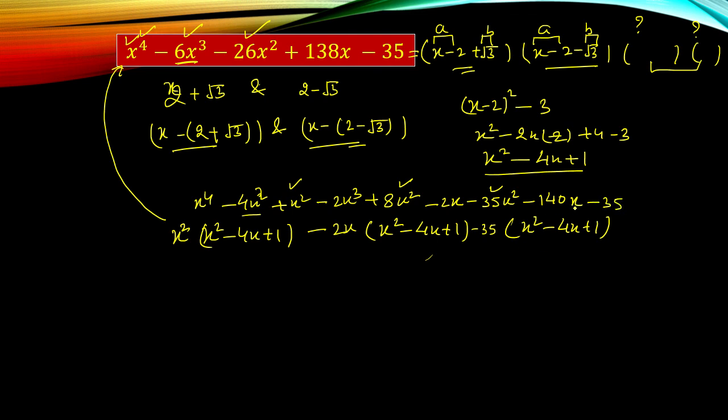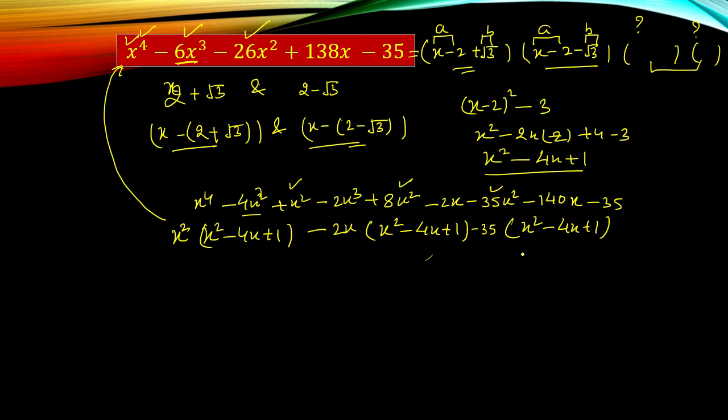Minus 140x, negative, minus 2x, negative, that should be positive. How is it negative?